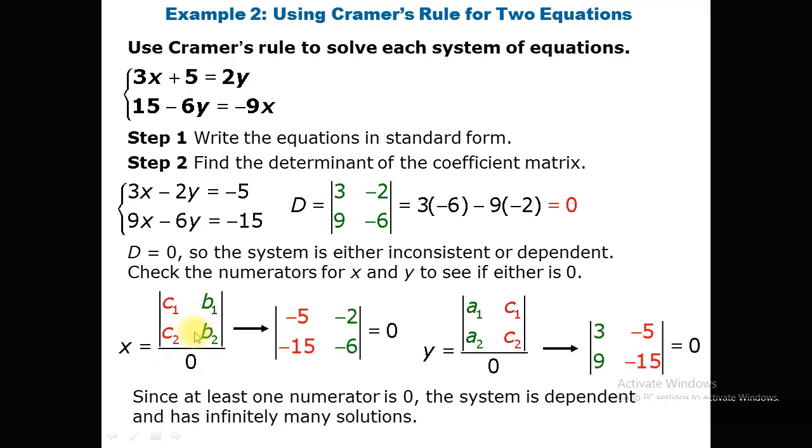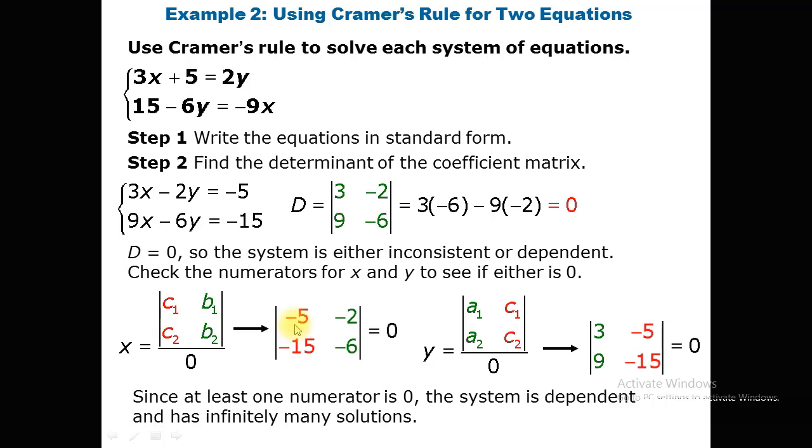This is the determinant Dx. Dx means replace the coefficients of the first column by the constants which lie on the right hand side of the system. So minus 5, minus 2, minus 15, minus 6.